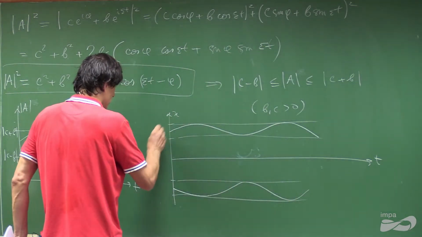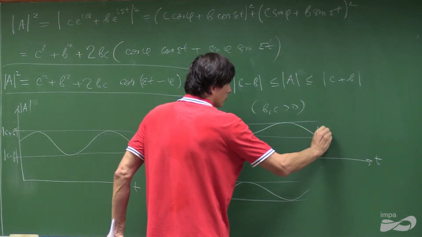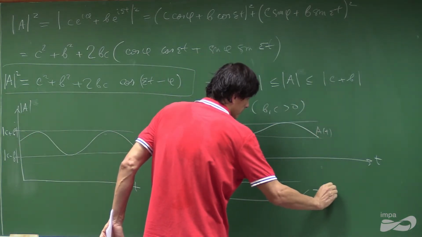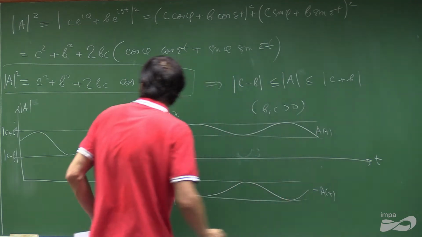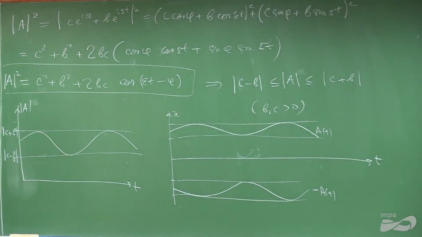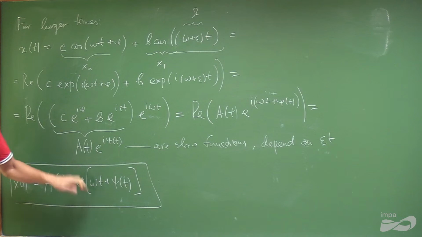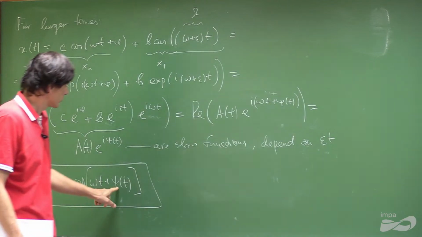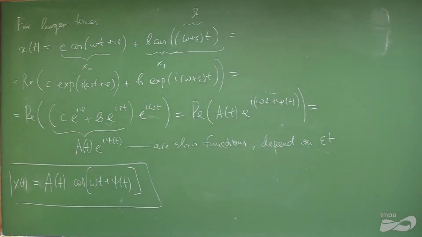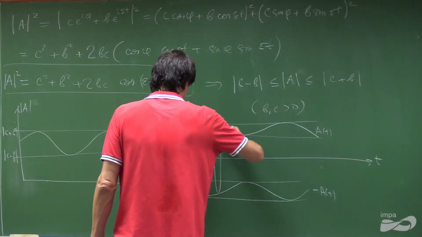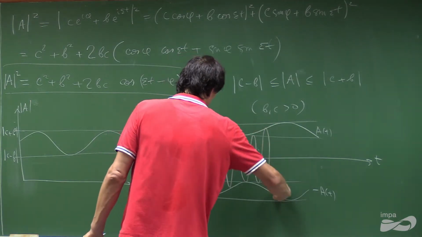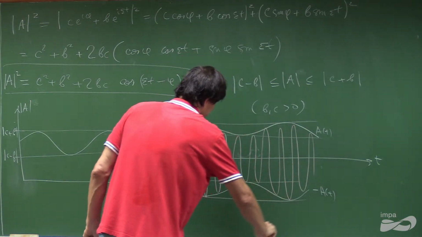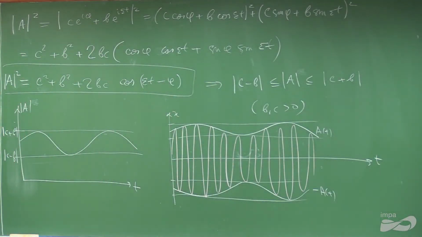So this is A of t, and this is minus A of t. Then the solution: you take A, which is slow, and multiply by a cosine which is periodic, with some small change of the phase. So this is the general solution.